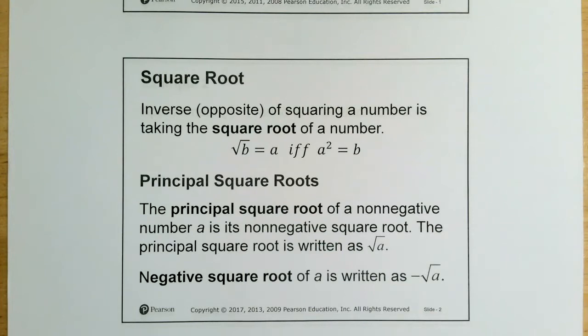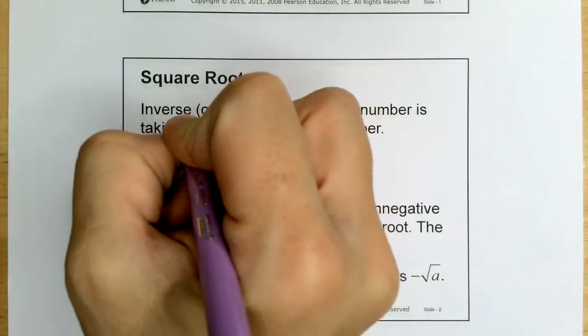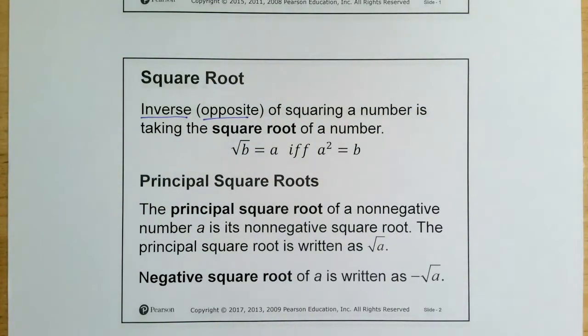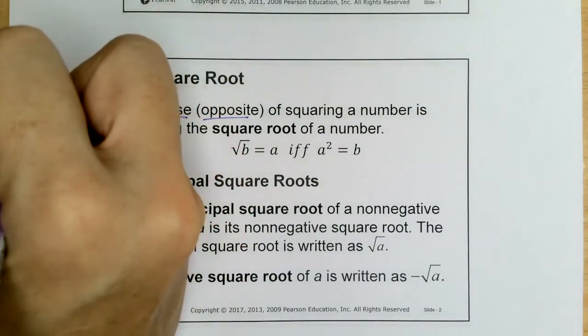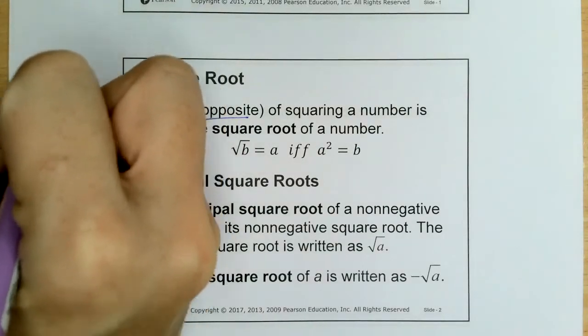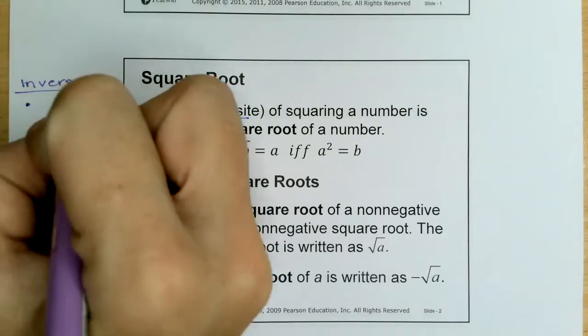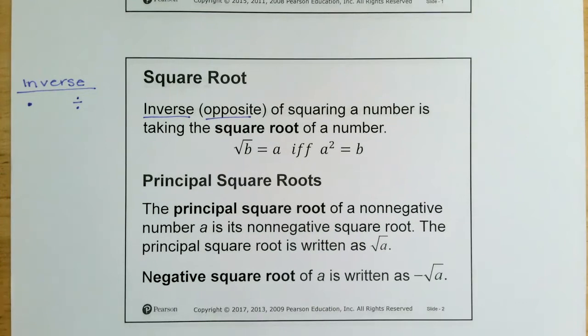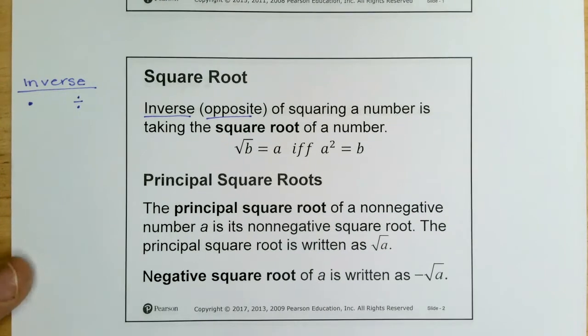So they say the inverse, which means the opposite. I want you to think about inverse like multiplication is the inverse of division. So if I'm multiplying something and I want to undo the multiplication, I would divide, right?